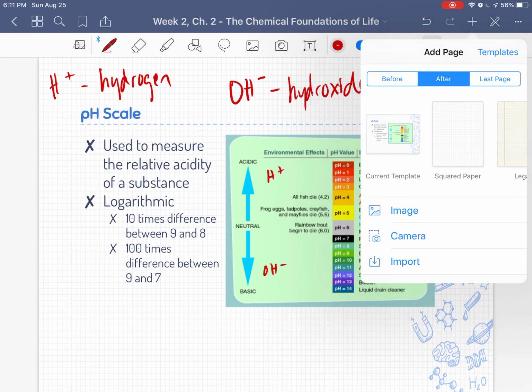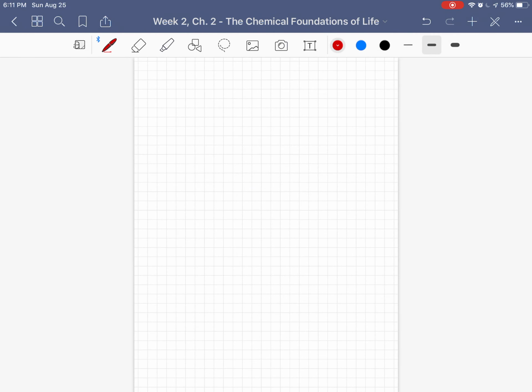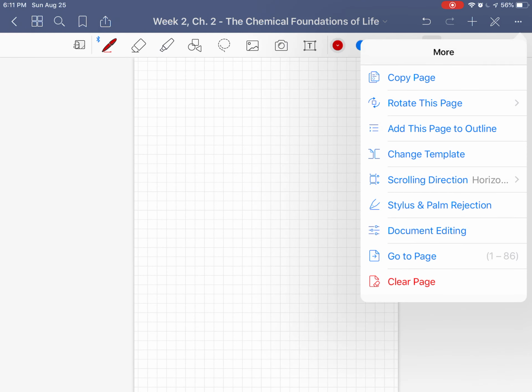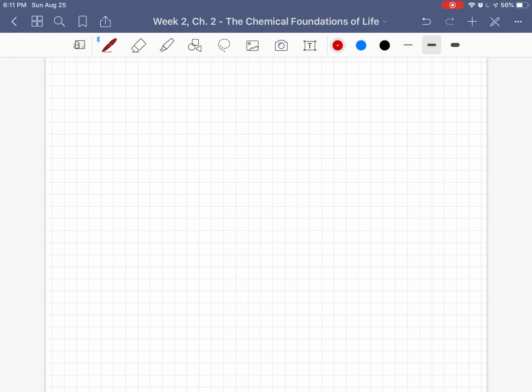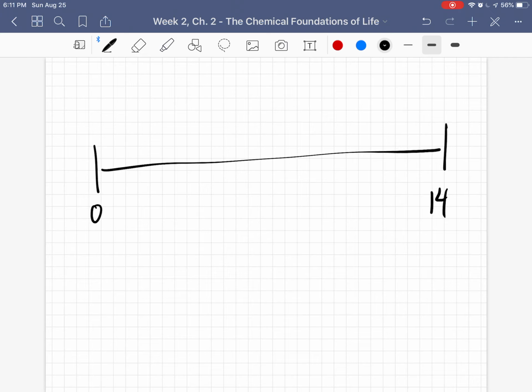So let's just really quickly draw a quick and dirty pH scale. All right. So the pH scale runs from 0 to 14. All right. The middle of the pH scale is 7, and 7 is considered neutral. At 7, the amount of hydrogen ions is equal to the amount of hydroxide ions.